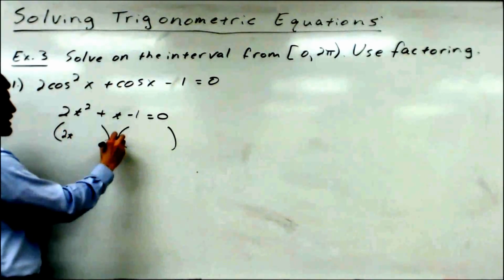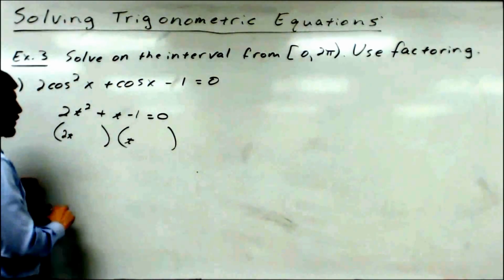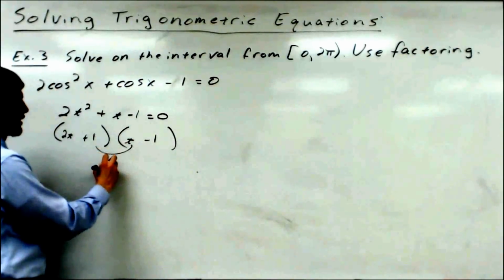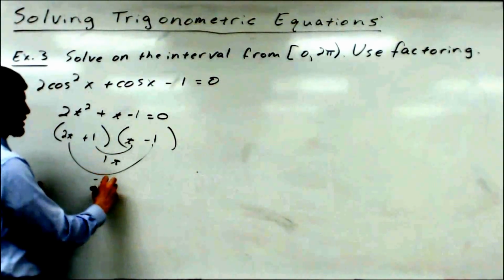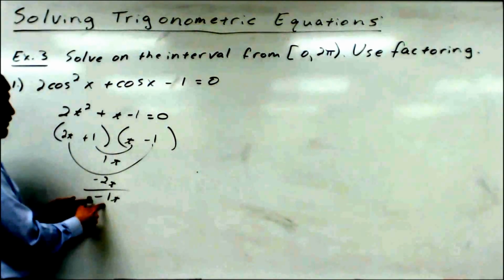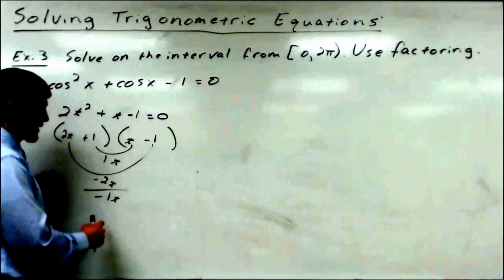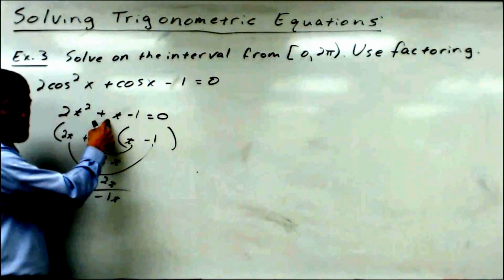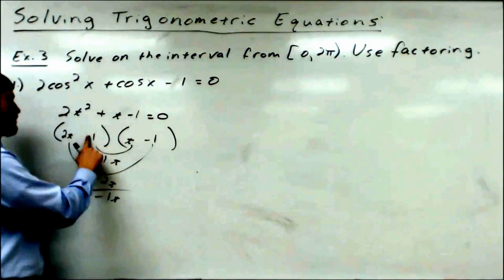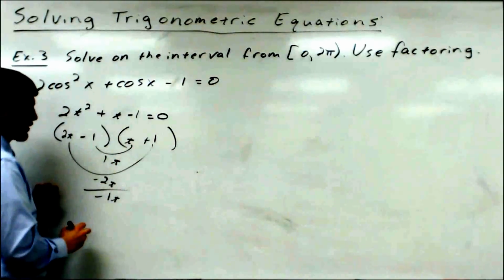2t squared would be 2t and t. Negative 1 would be plus 1 and minus 1. Check it. 1t minus 2t gives us negative 1t. Remember your process: if the number matches, the numbers are fine. If the sign is wrong, change your signs. So I would change this to minus 1 and plus 1.